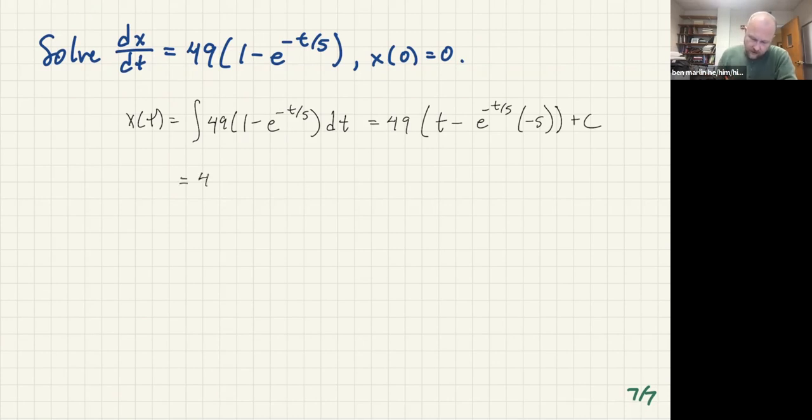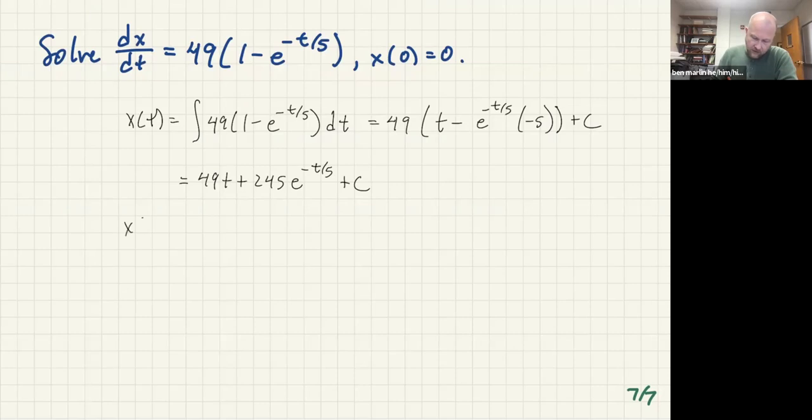So this is equal to 49t plus, 49 times 5 would be 245, and then minus 5, right? Yeah, so 245 e to the minus t over 5 plus c, okay?